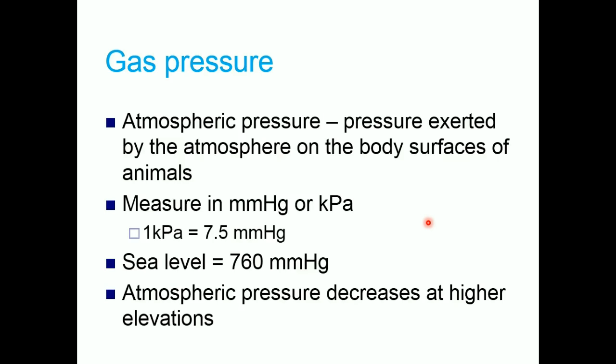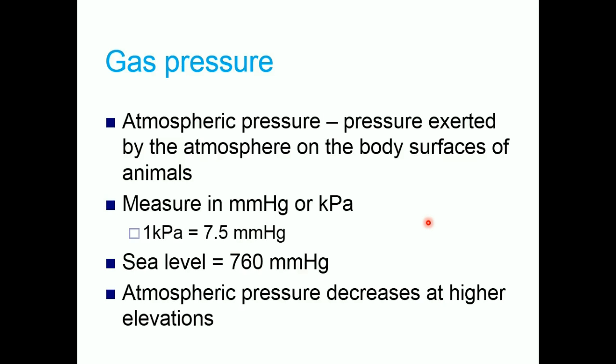Now, usually when we talk about gases in the atmosphere, how do we express quantity? Well, we don't really talk about concentrations, but we talk about pressure, the amount of pressure that these gases exert in the atmosphere. Now, atmospheric pressure is usually measured nowadays with a standardization of units as kilopascals. But traditionally, especially in the United States, it was expressed as millimeters mercury.